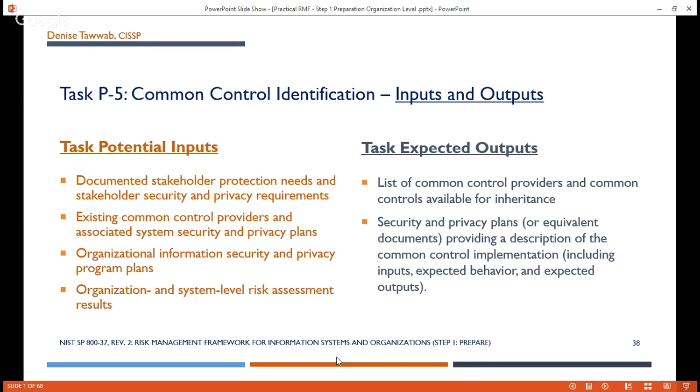The expected output from your common control identification step would be a list of common control providers and the common controls that are available for inheritance, and security and privacy plans that provide a description of the common control implementation, including inputs, expected behavior, and expected outputs.